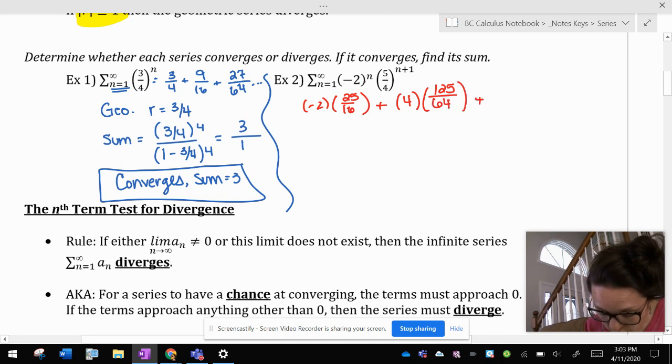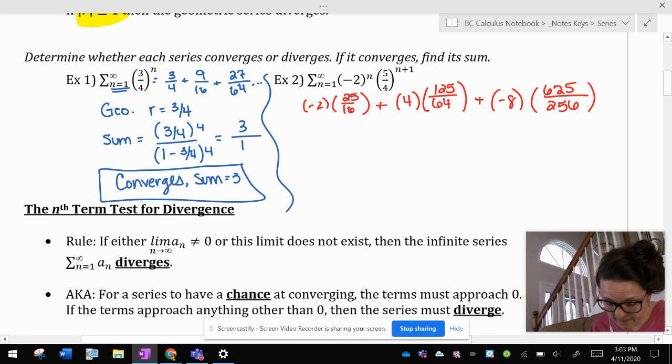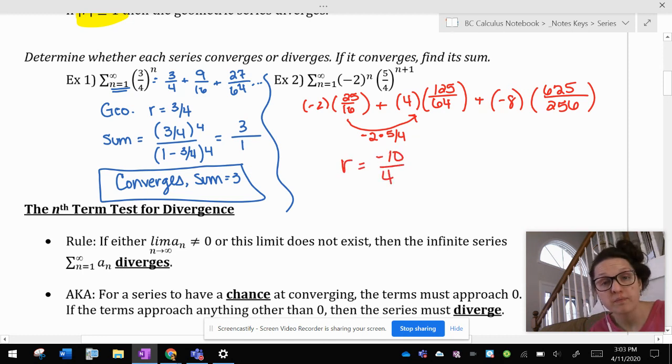And then when n equals 3, this is going to be -8, and 5 to the fourth is 625. 4 to the fourth is 256. Okay, feels geometric. What am I multiplying by each time? Well, -2 became 4 because I multiplied by a -2, and I multiplied by a 5/4. So my r is -10/4. It is geometric. I could find r, but r is not between 1 and -1. Therefore, this diverges.